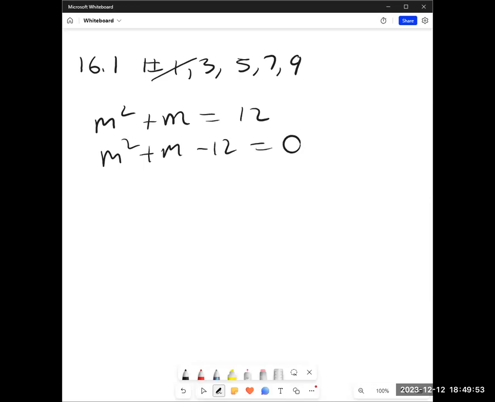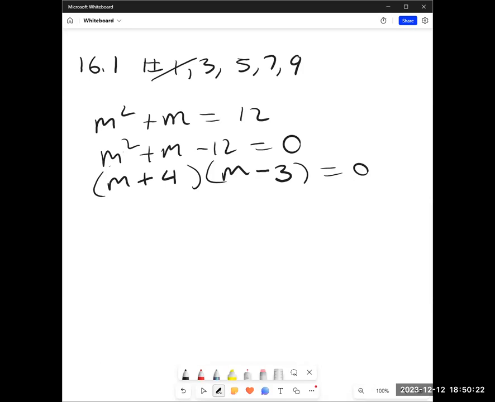So we're going to factor this trinomial. The leading coefficient is 1, so we know the only way to get m squared is m and m. We need factors that multiply to give us a negative, so we need a positive and a negative here. Numbers that multiply to give me negative 12 and add to give me a positive 1 are a positive 4 and a negative 3.